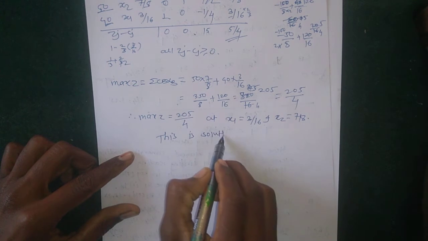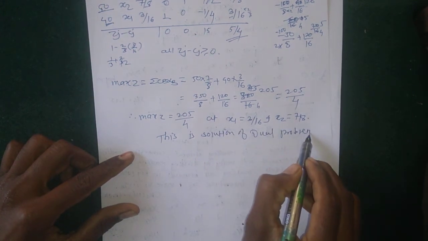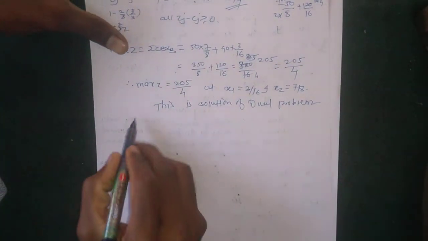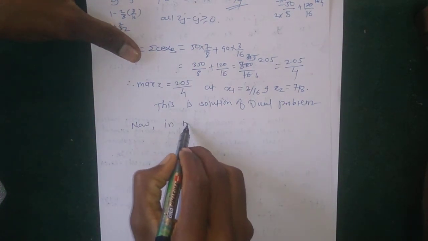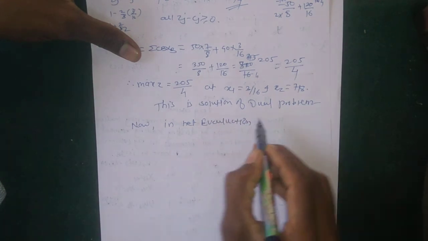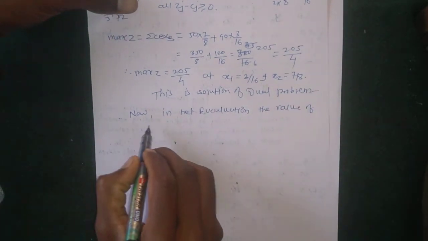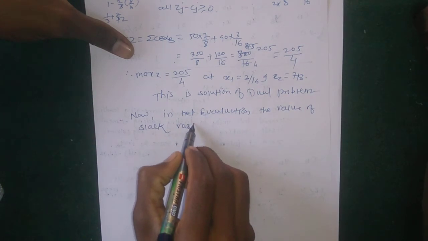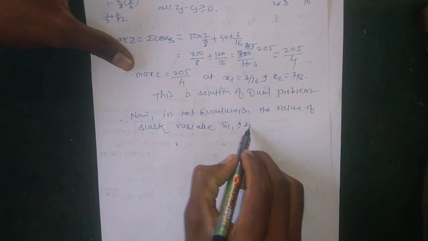the dual problem. This is the solution of the dual problem, and therefore now in net evaluation, the solution of the primal problem is the value of slack variables S1 and S2.